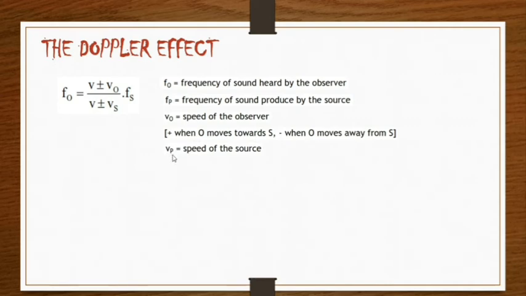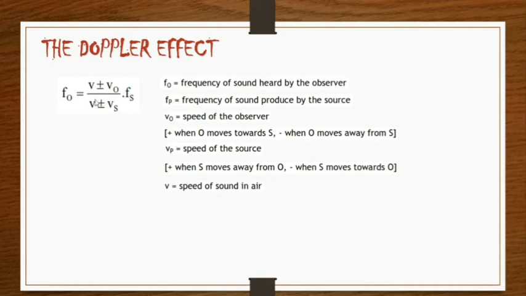Vs is the speed of the source, and it can also be positive or negative. It will be positive when S moves away from the observer, and it will be negative when the source moves towards the observer. You have to remember the signs there.